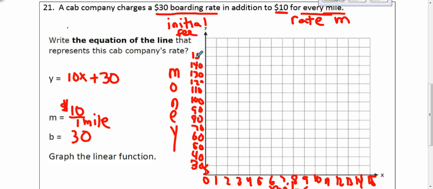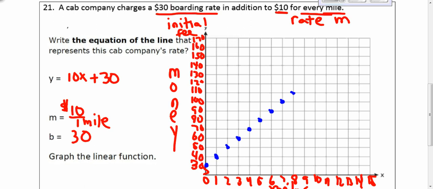Anything before, since you charge $30 from the start, anything before 30 does not matter. So at 0 miles, you're charged $30. This is your first point right here. At 1 mile, 10 more dollars, and then you go up like this, just like that.